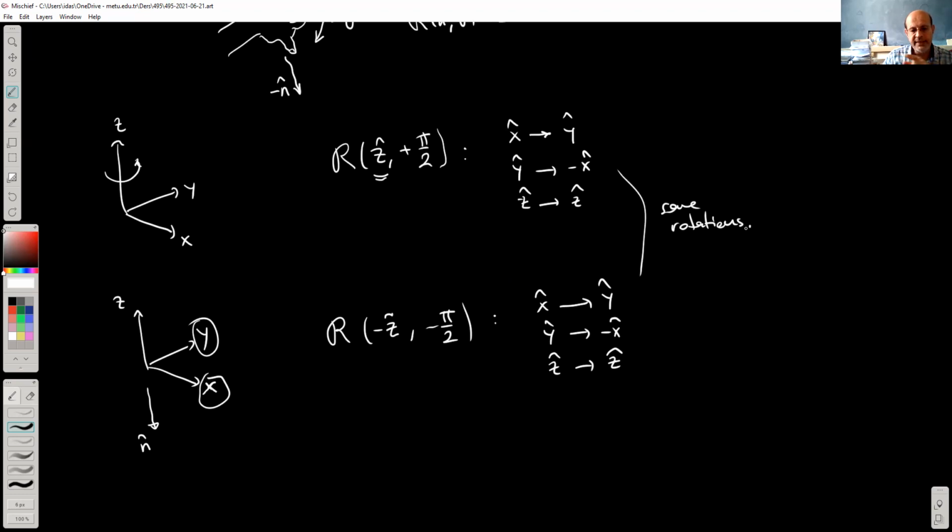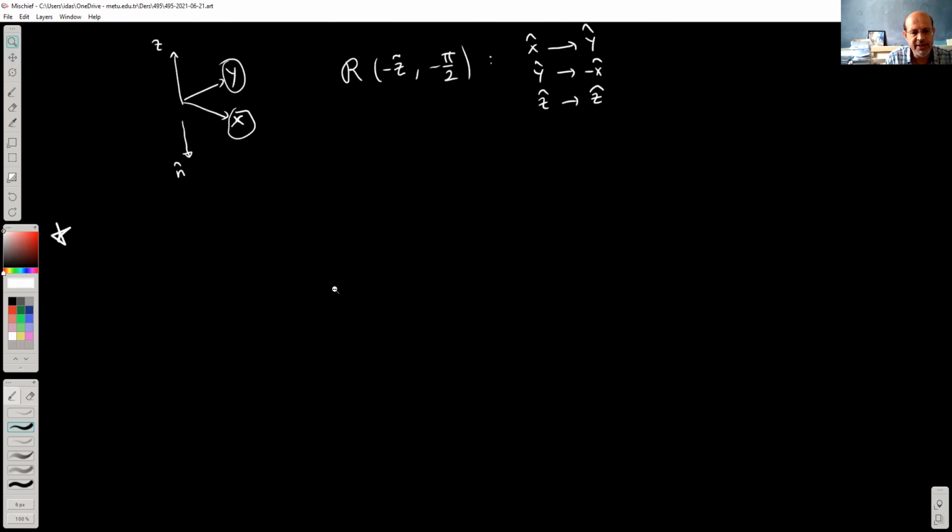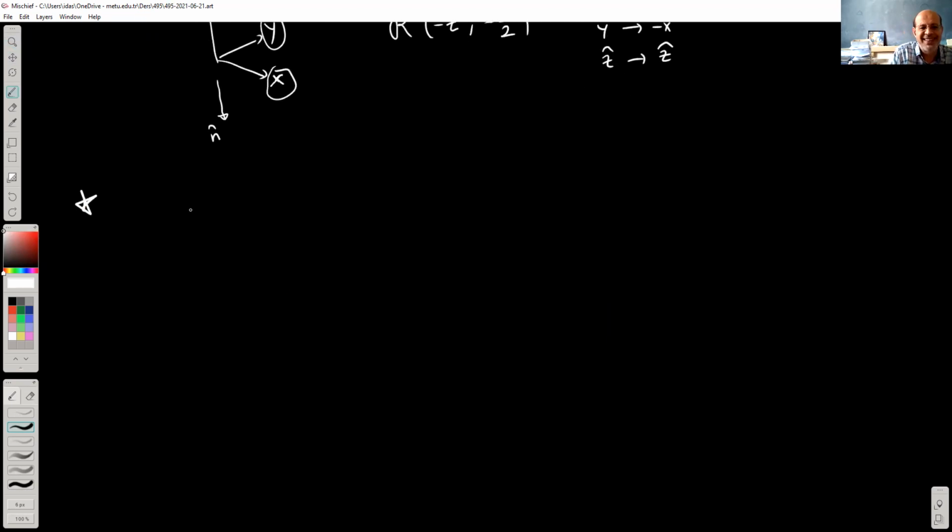So in this case, let me quickly do this. I didn't want to enter into this topic this early, but in any case, let's just do it like this. This is the basic fact in here. I can express a given rotation by using this axis like that, or by using the opposite axis like this.